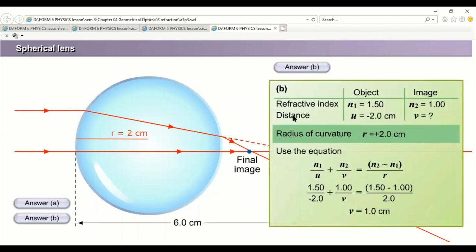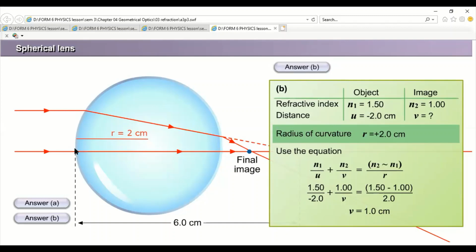So from here, refractive index n1 outside is 1.5, n2 is 1. So u is -2 because it is a virtual object. Virtual object because that is the first image formed by the left side of the curved surface.